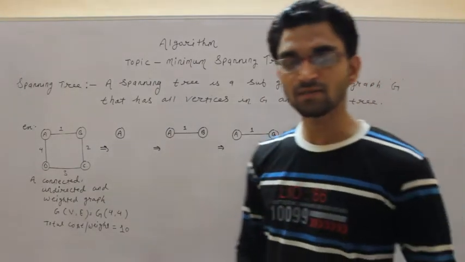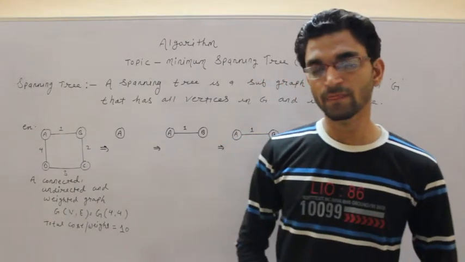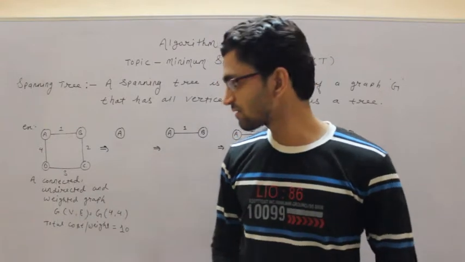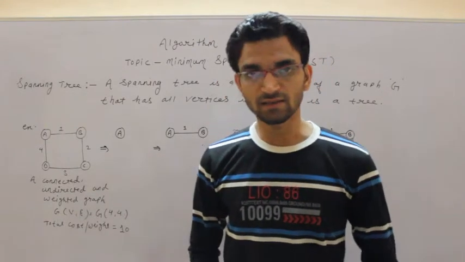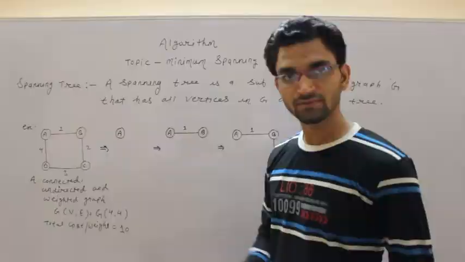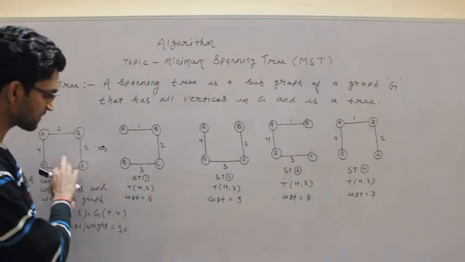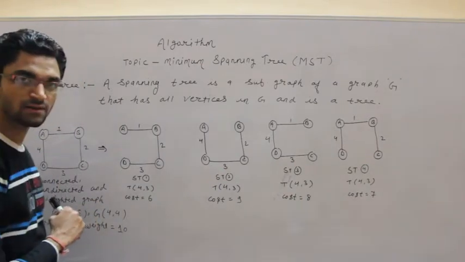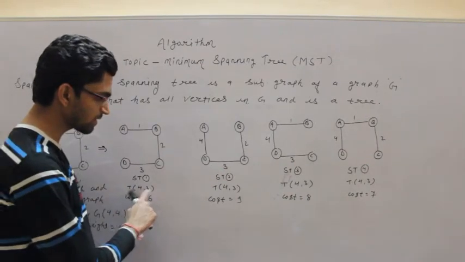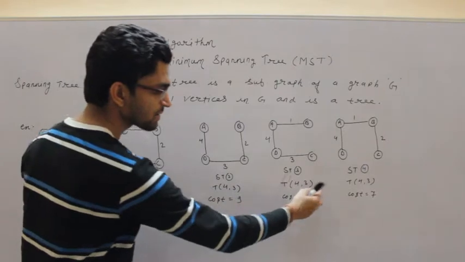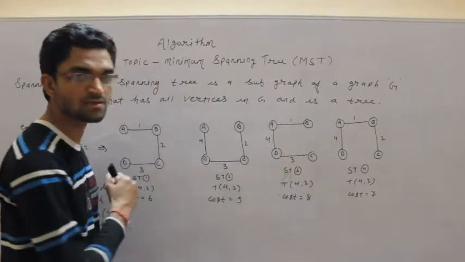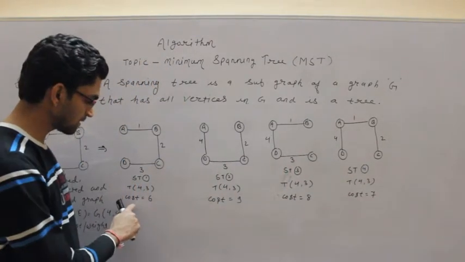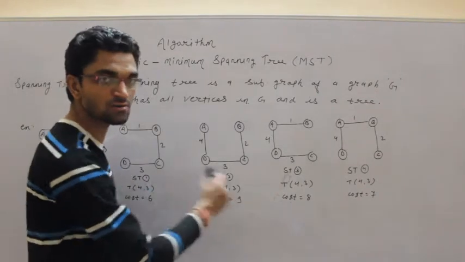There are many spanning trees possible for a given graph, and let's see the other spanning trees for this graph. These are the four possible spanning trees for this given graph, and if you observe, the number of vertices and the number of edges in all these spanning trees are the same, but they are different in their cost.